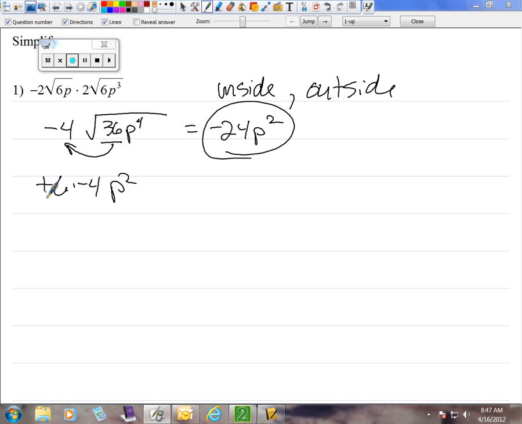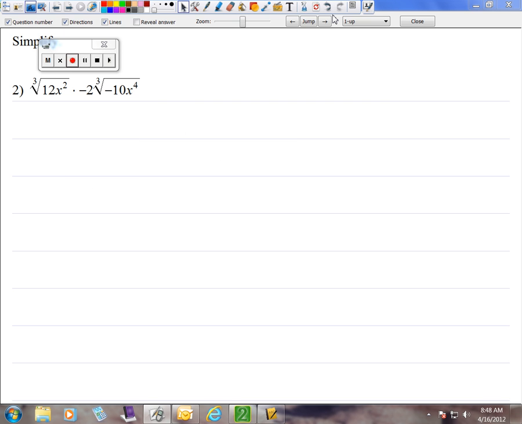Okay, let's see if you can do number 2, which is a cube root. Right? That's a cube root, isn't it? We may not need to take a lot of time to do this today, since you should already know how to simplify. Multiplying's easy. Outside times outside, inside times inside.